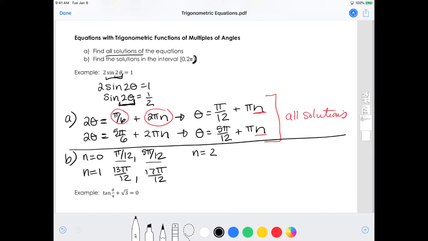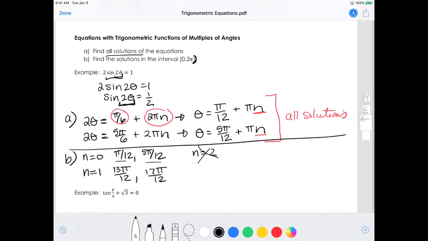Let's see if we can do n is equal to 2. If I plug in n is equal to 2, now I'm adding 2 pi to pi over 12. And when I add 2 pi to pi over 12, I'm going to be going over the first rotation, because that's going to be more than 2 pi.